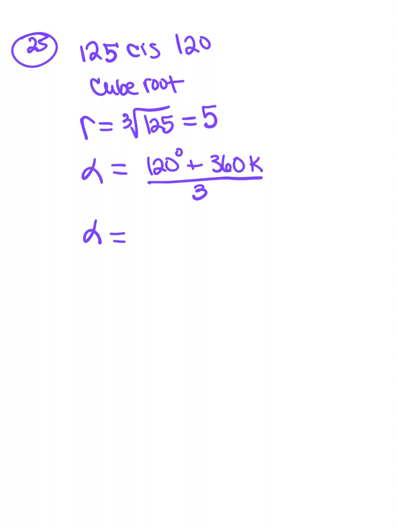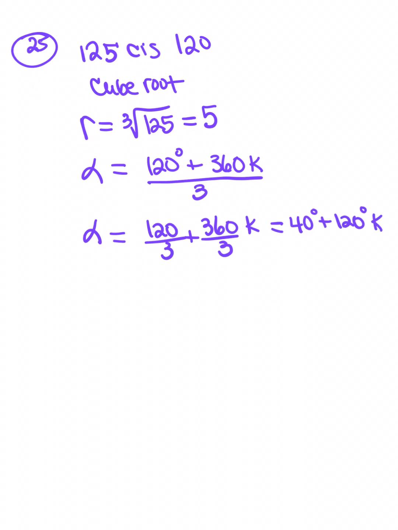So my alpha is equal to 120 divided by 3, plus 360 divided by 3 times k, which is 40 degrees plus 120 degrees k. So if k equals 0, then it would be 40 plus 120 degrees times 0, which is 0. So 40 plus 0 is 40. So it would be 5 CIS of 40 degrees.